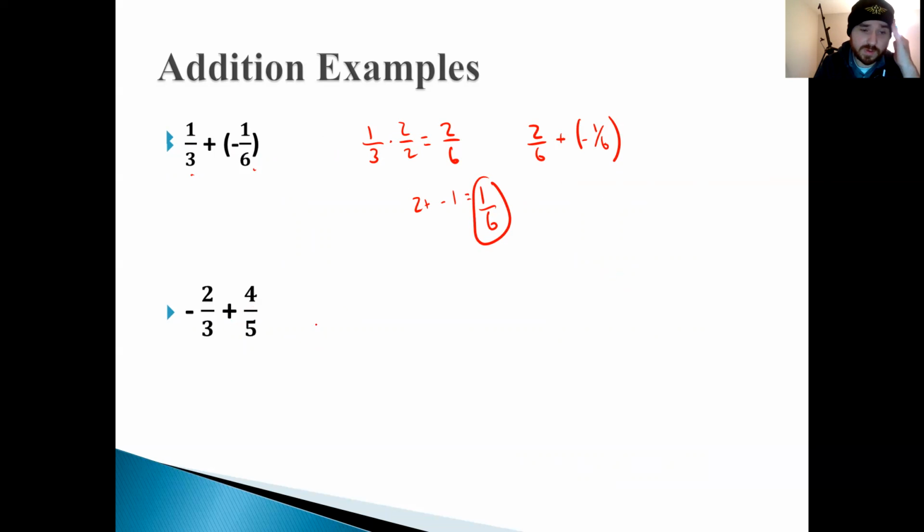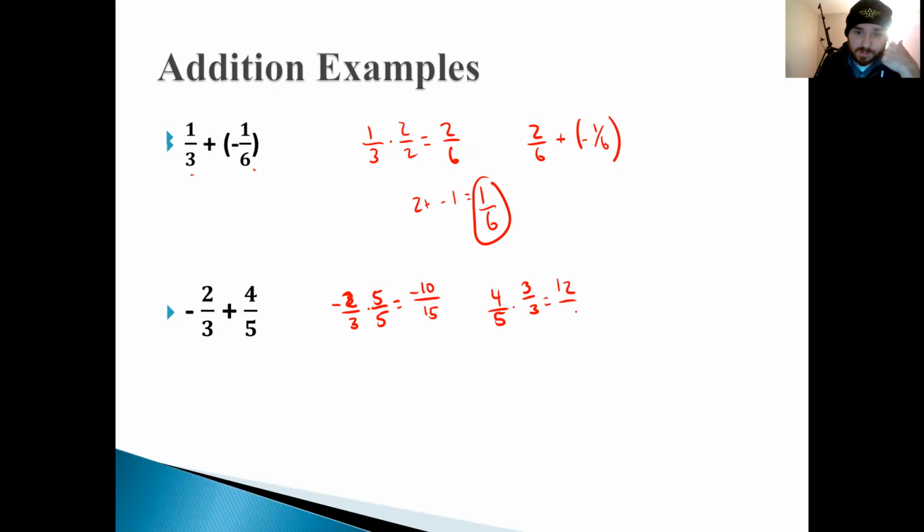Next up, we have negative 2/3 plus 4/5. So for this one, again, no mixed numbers. We can skip straight to least common denominator. And the lowest common denominator is 15. So we need to take negative 2/3 and multiply that by 5 over 5. That's going to give us negative 10 over 15. 4/5, we're going to need to multiply by 3 over 3.